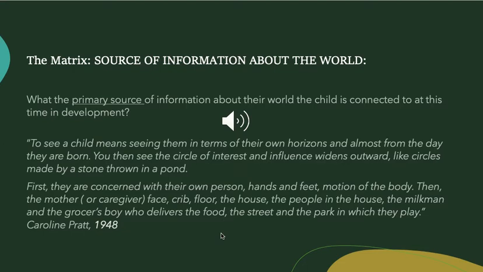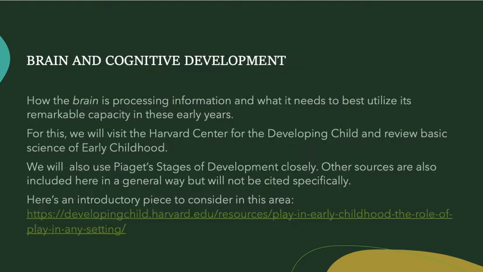We still see this ever widening source of information that children have as they go through the process of growing up and developing. And again, there's brain and cognitive development. The science that's very recent on this really comes out of Harvard Center for the Developing Child and some other places too, but I really like this particular spot because they do a lot of scientific research and they post regularly all the time.